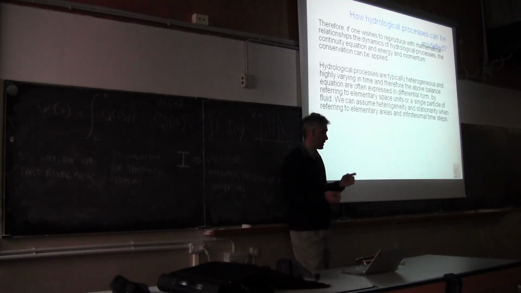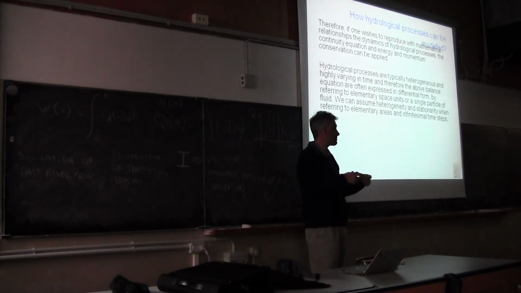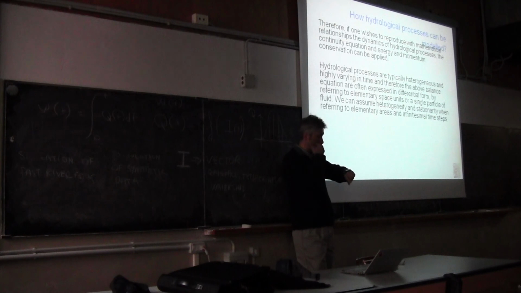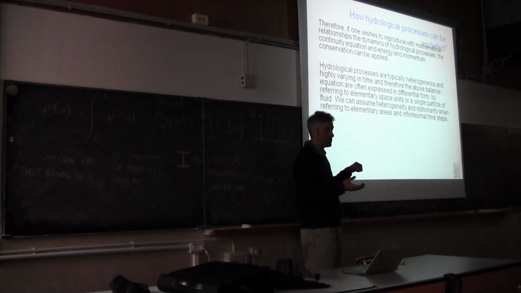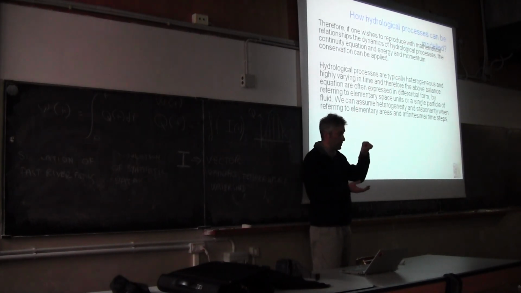Because if I want to write a conservation equation for 10 small volumes instead of 1 big one, I need to get the information for all these 10 points. If I want to describe the water availability in any single point in a catchment, for any single point I need to know the land use, the soil type, the geology.